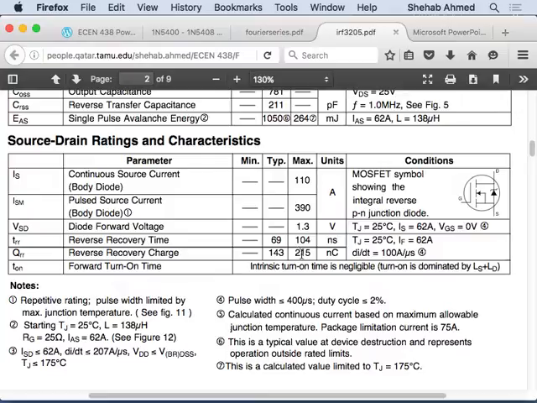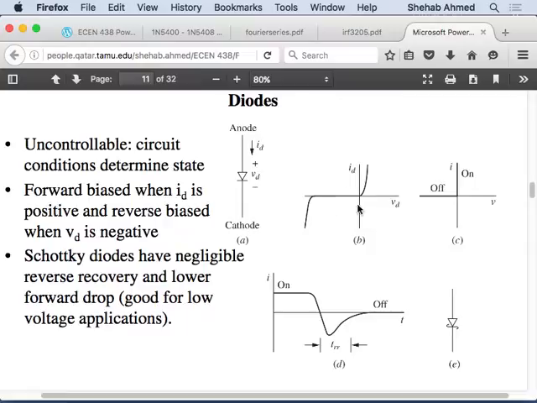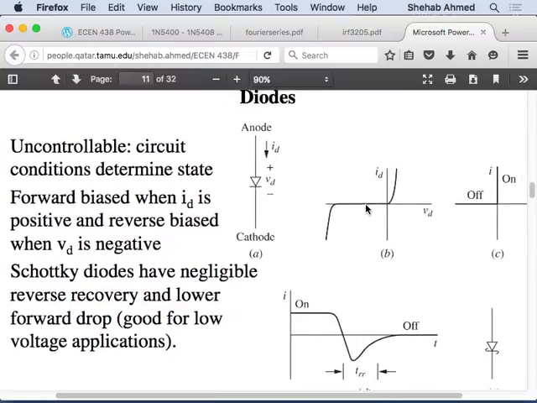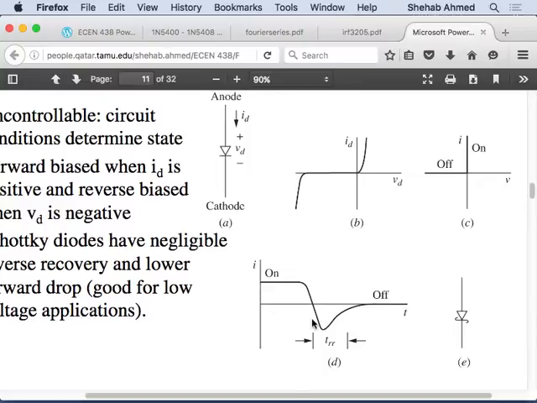And then you have to remove a certain amount of charge, or fill the depletion layer with a certain amount of charge, about 150 to 200 nanocoulombs for this device, right? So this is what is required to bring it back to blocking, or allow it to become forward biased. But it's not something you can see on the IV characteristics. It's a dynamic effect that you see in a circuit.